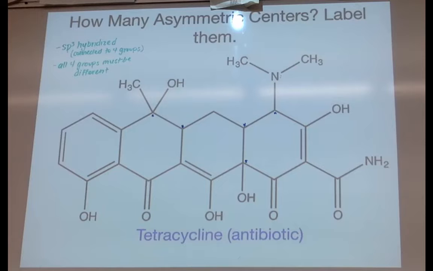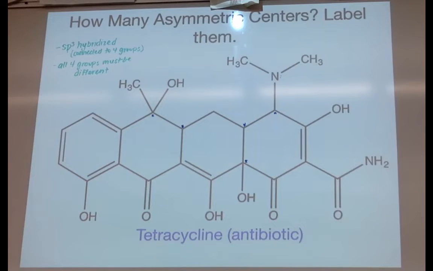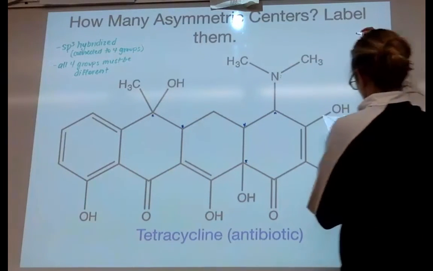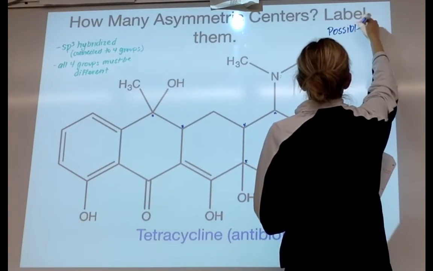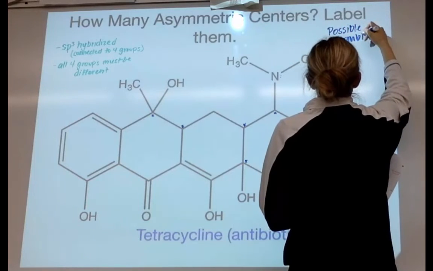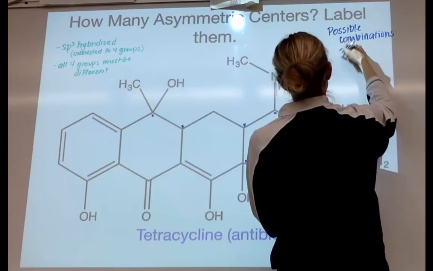Now, the other thing we can think about when we look at chiral centers is how many possible stereoisomers you could have. How many combinations could we make by switching wedges and dashes in all these different places? We'll talk a little more about this tomorrow. How many different stereoisomers can we have?